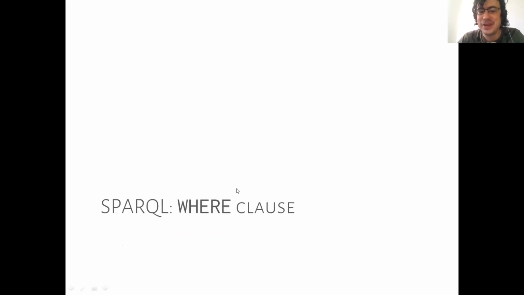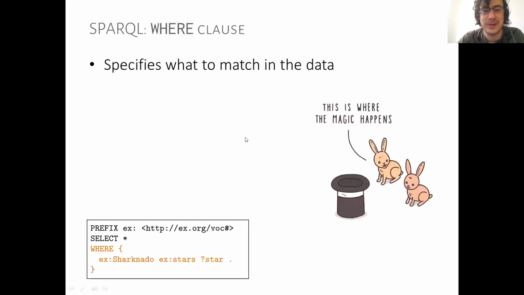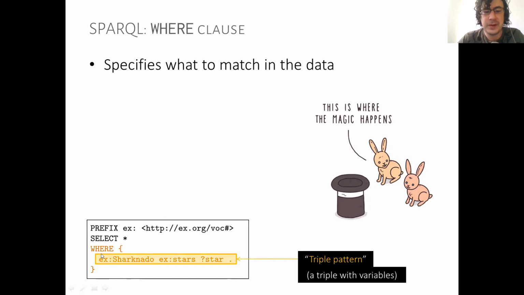Okay, so the where clause is probably the most important part of the query. It specifies what to match in the data. Here we see our where clause. This here is a triple pattern. Much like we have triples, we also have triple patterns. Triple patterns are just triples where we can have variables.